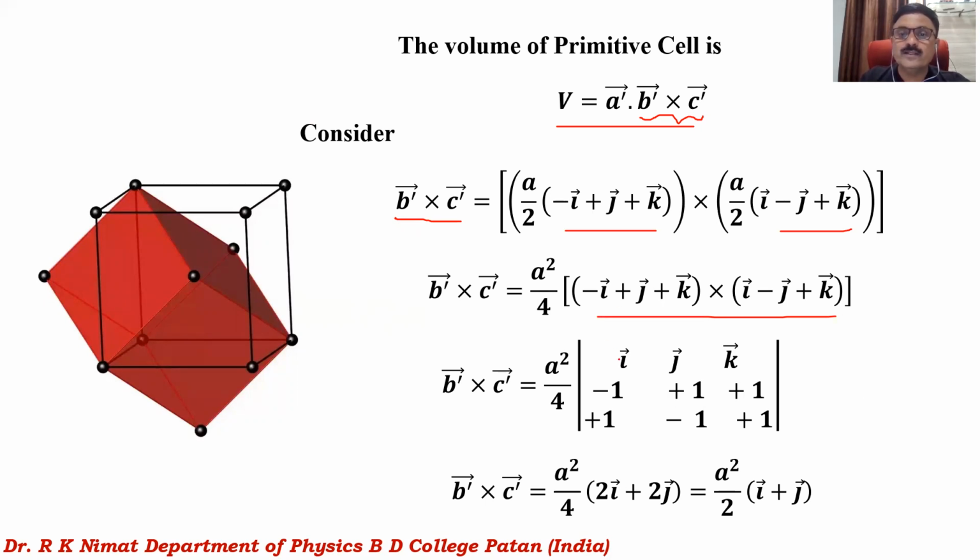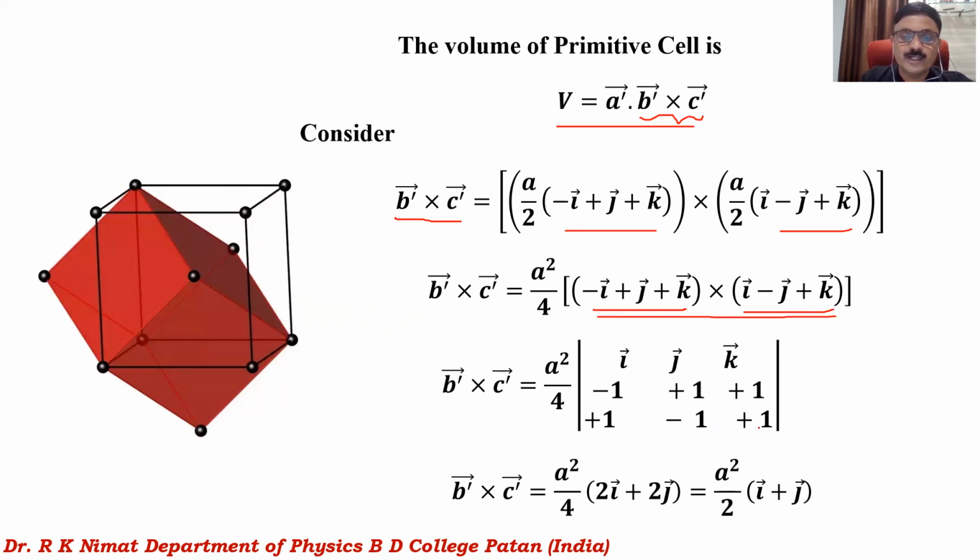So the first row will be unit vector i, unit vector j, and unit vector k. The second row will be the coefficients of these vectors: -1, +1, +1, and the third row will be the coefficients of i, j, k as 1, -1, and +1.